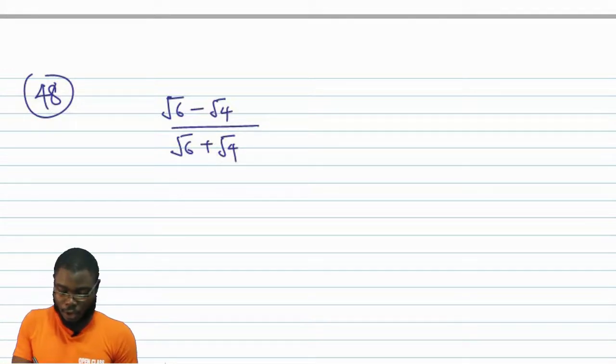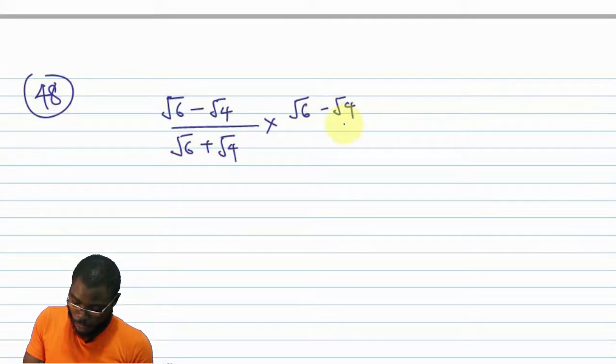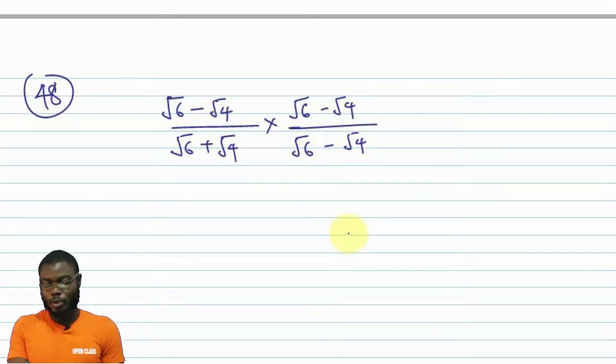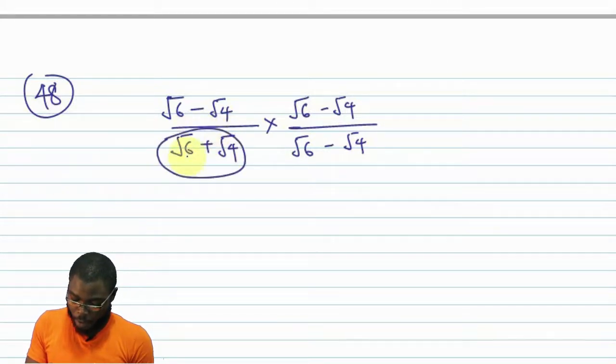To rationalize this, you simply multiply the numerator and denominator by the conjugate, but this time around you are going to alternate the sign. So this is going to be root 6 minus root 4 all over root 6 minus root 4. You multiply both sides by what you have under here, but with the opposite sign.